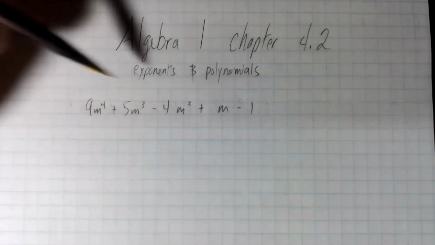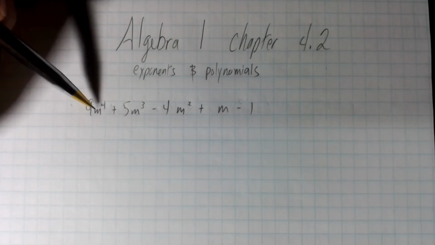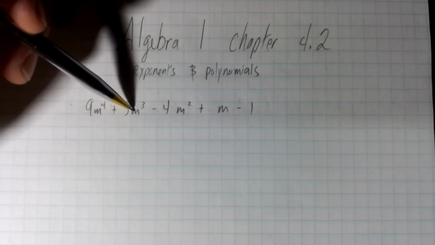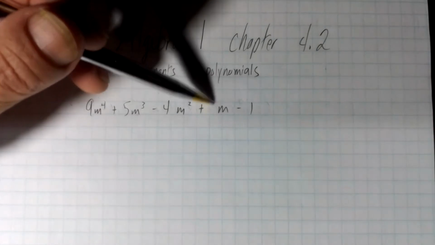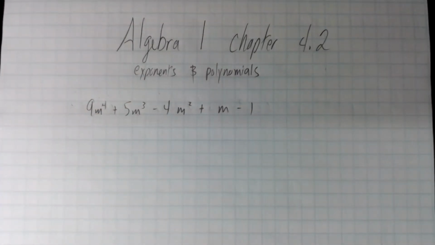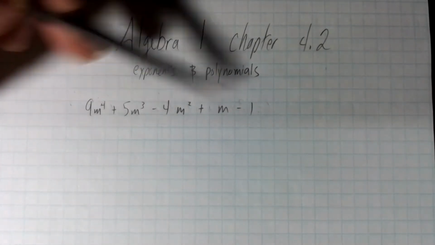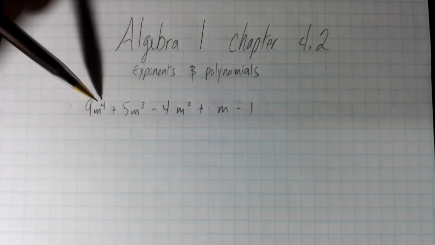They're all whole numbers. The 9 is the coefficient here, the 5 is the coefficient here, the 4 is the coefficient, a 1 is a coefficient here, same with this one. Degrees, that rarely comes up, but I will explain it. The degree of this polynomial is 4.